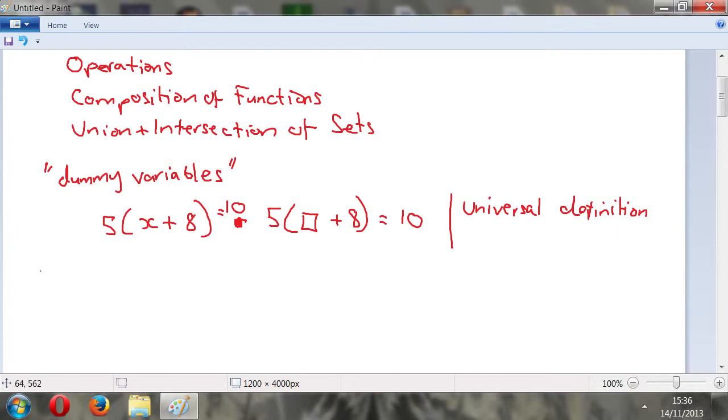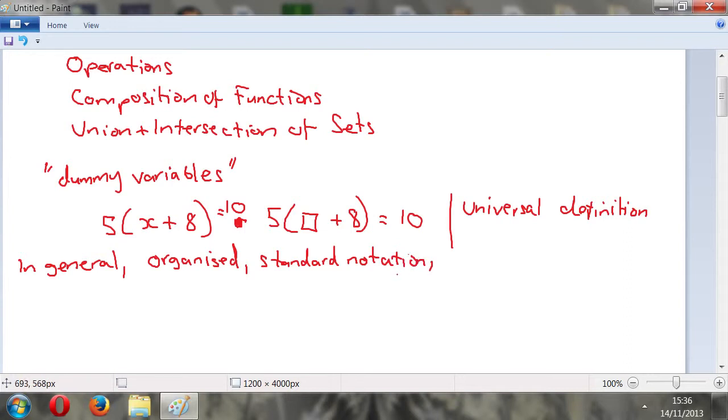So in general, the most important thing for maths really is to be organized, for one, to use standard notation, and also complete sentences.